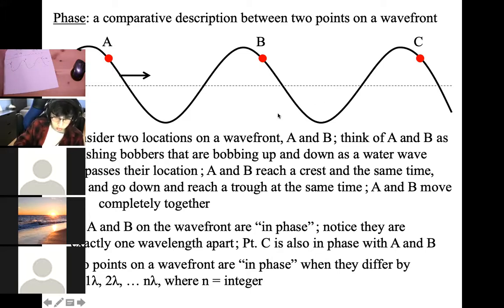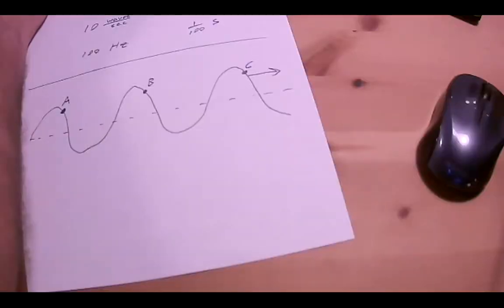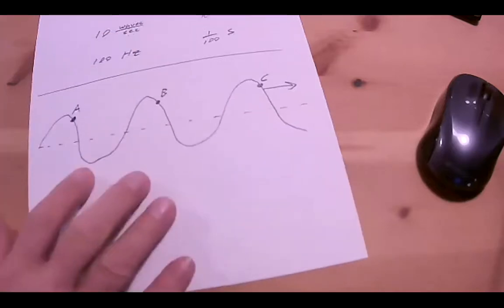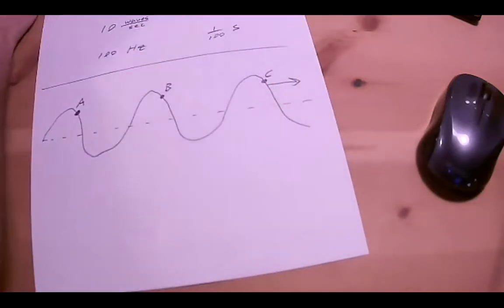Now, as it happens, you have a fourth friend in the boat. So there's a fourth bobber in the water, bobber D. But what's weird about this is that bobber D is not in phase with bobbers A, B, and C. As a matter of fact, when bobber A is moving up, bobber D is moving down.